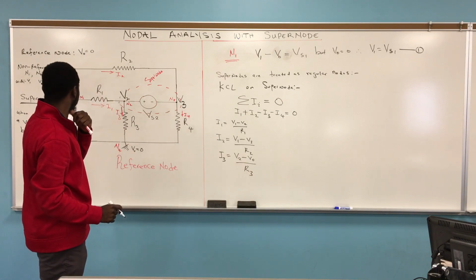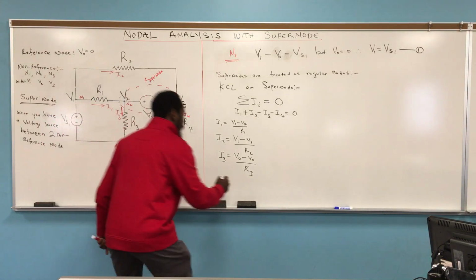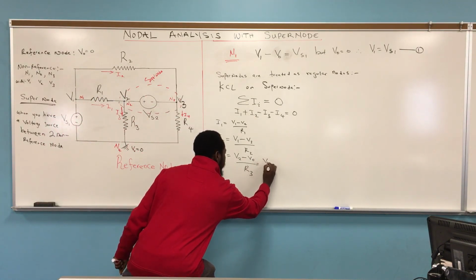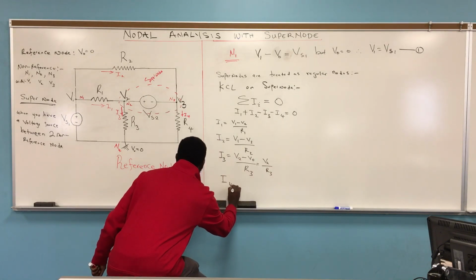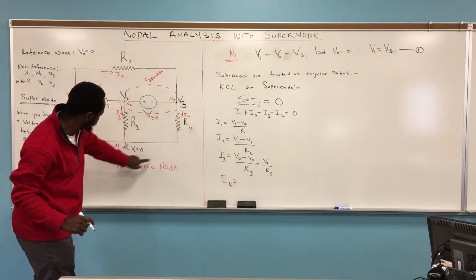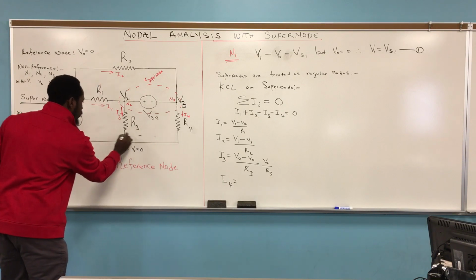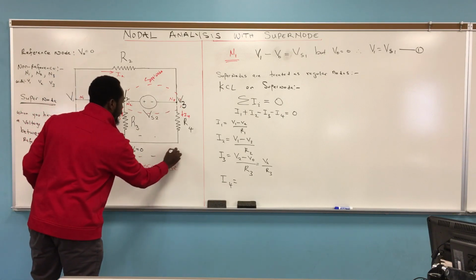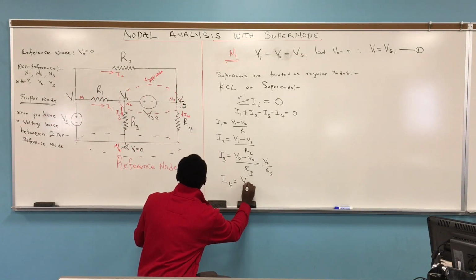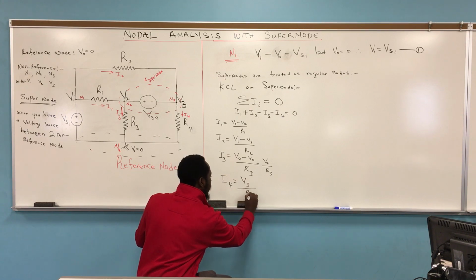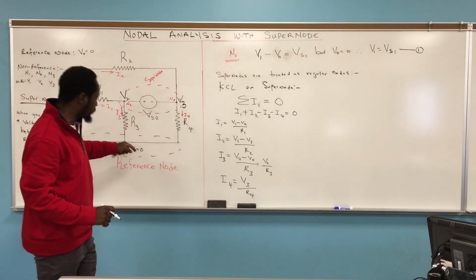And then the last one is I4. So this one can further be written as this. The last one will be I4, which is V3 minus V0, and all this area is the ground reference node. So this would be V3 divided by R4, because it's V3 minus V0.